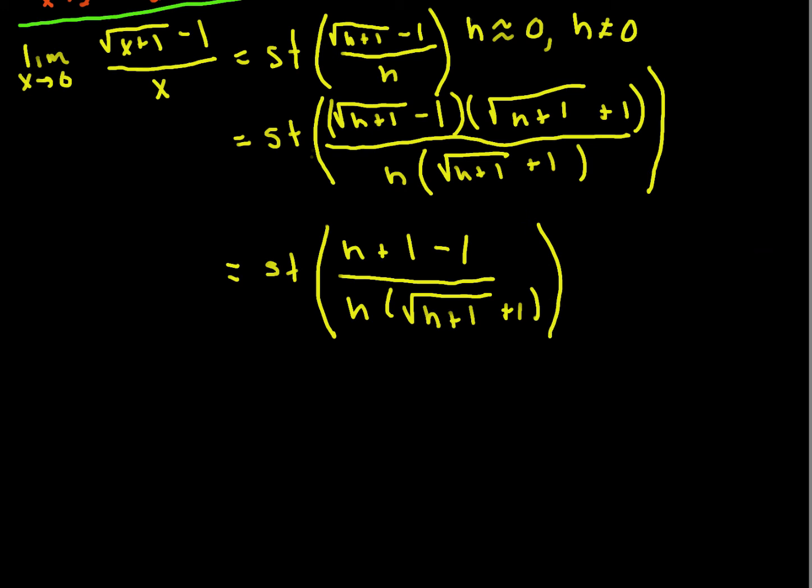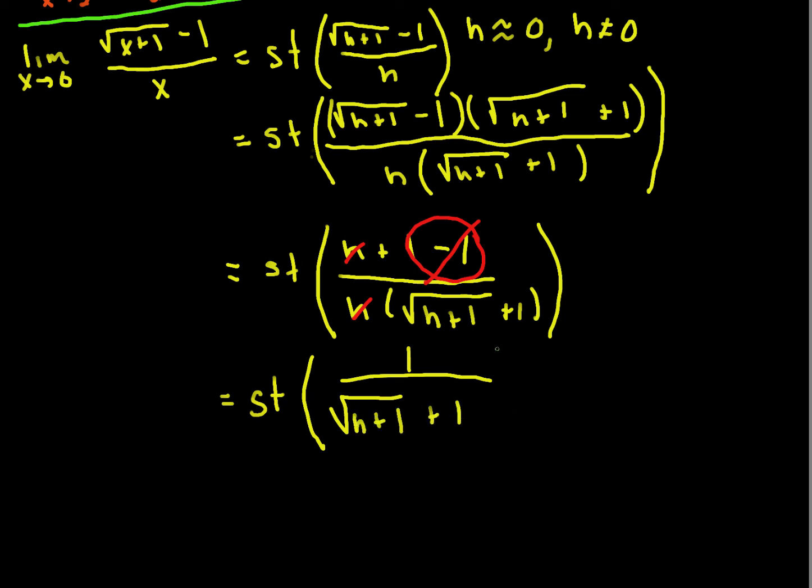And we get some nice canceling because the 1 and the minus 1 here, this is a big fat 0. So they cancel out. And then all that's left in the numerator is an h, and we've got an h on the bottom, so they cancel. And now this is simply equal to the standard part of 1 all over square root of h plus 1 plus 1.